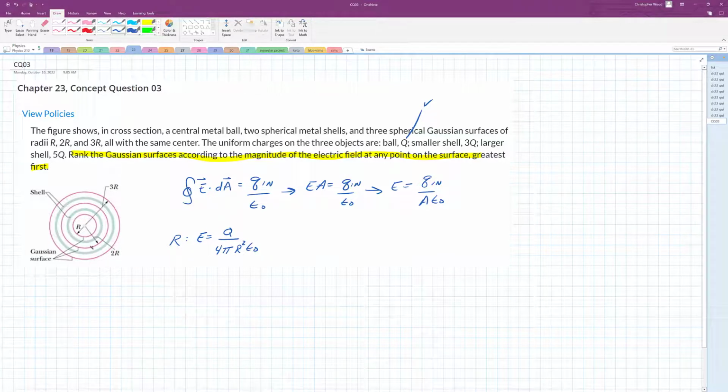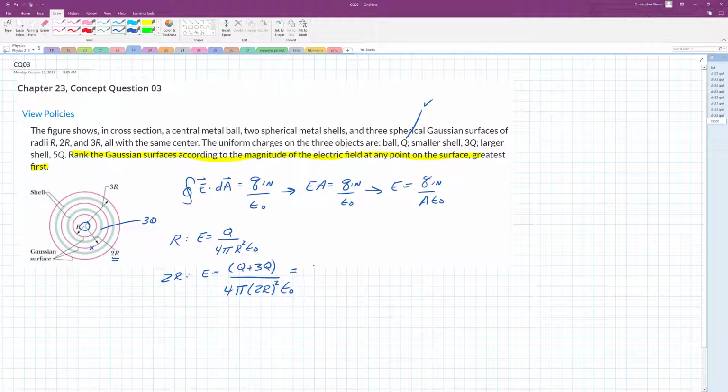Now I'll look at this Gaussian surface with a radius of 2r. It's enclosing the same Q, but it's also enclosing this charge as well, which is given as 3Q. So for the 2r Gaussian surface, the electric field equals the amount of enclosed charge, which is Q plus 3Q, over the cross-section area, which in this case is 4 pi r squared, but the radius is 2r quantity squared, epsilon naught.